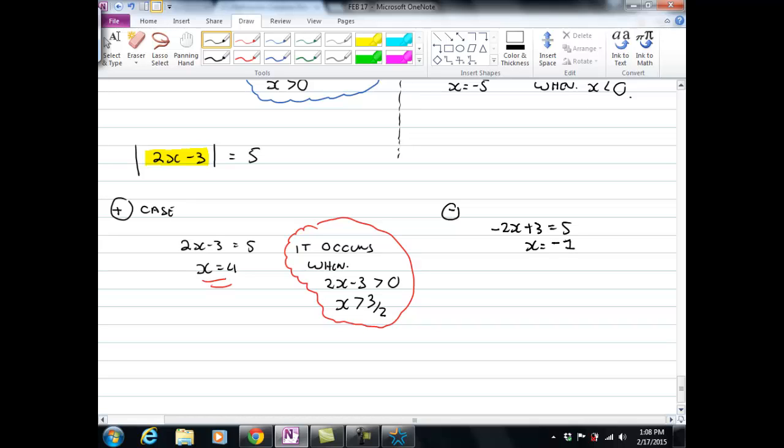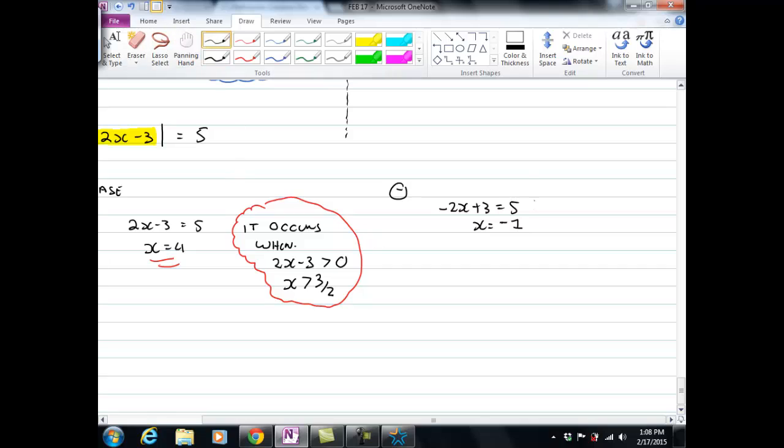But what I'm really looking for is, can you actually break this down into it occurs? Now the negative case only occurs when all the stuff inside is less than 0. So when I solve for it, it occurs when x is less than 3/2.